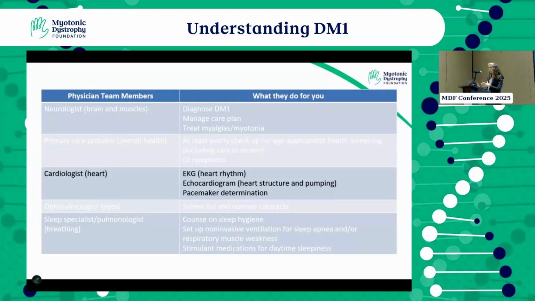There are also other types of monitoring that go on for longer that can look at the heart rhythm as well. Doing echocardiograms, which look at heart structure and how the heart is pumping. And they also can work through whether people need a pacemaker or not, or when is the right time for them to look into those interventions.